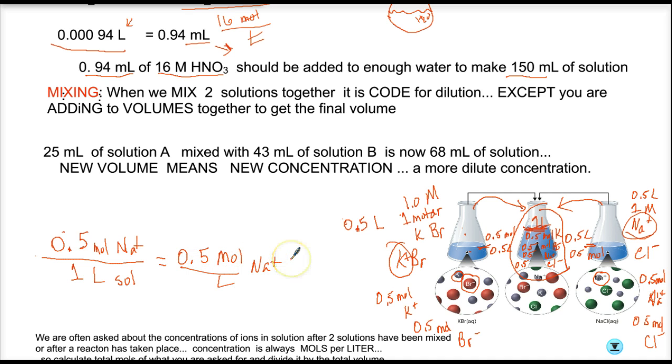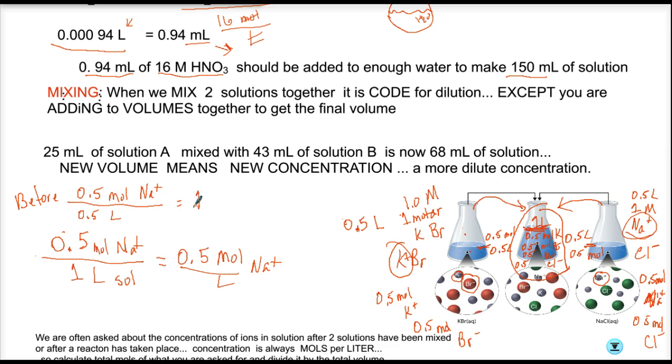What was it before? I showed you the concentration of the other. Over here, you add 0.5 moles in a half a liter, right? So let's compare. So this is before, 0.5 moles of that Na sodium ion, and we had 0.5 liters.